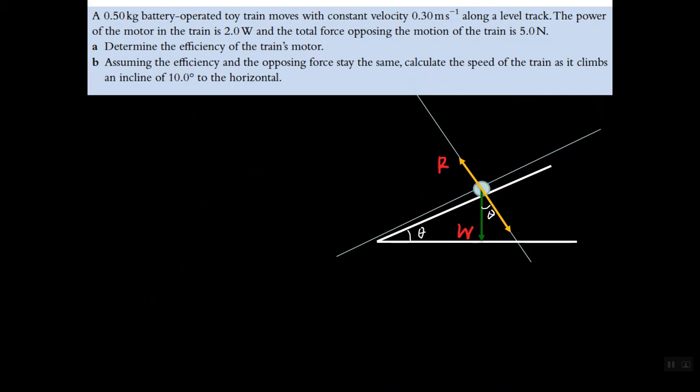B, assuming the efficiency and the opposing force stay the same, calculate the speed of the train as it climbs an incline of 10 degrees to the horizontal.